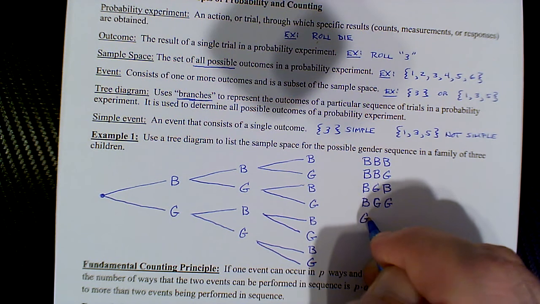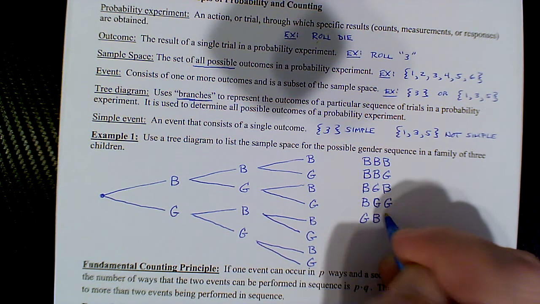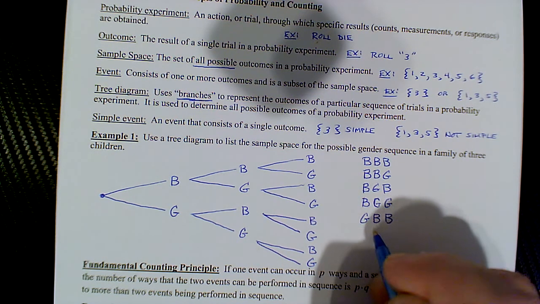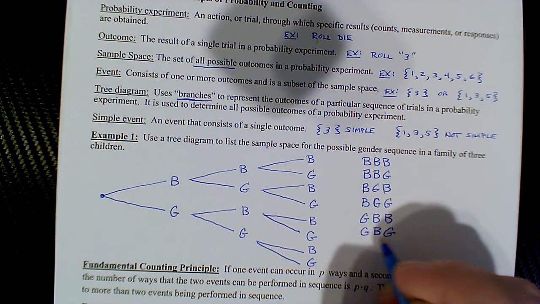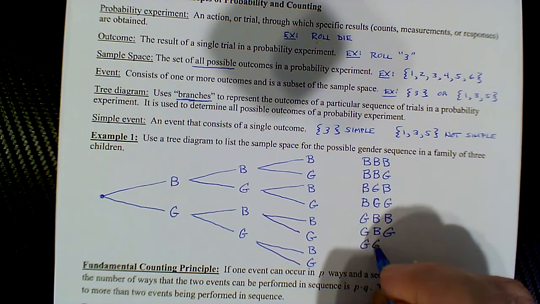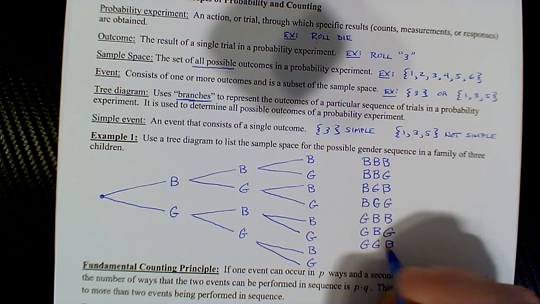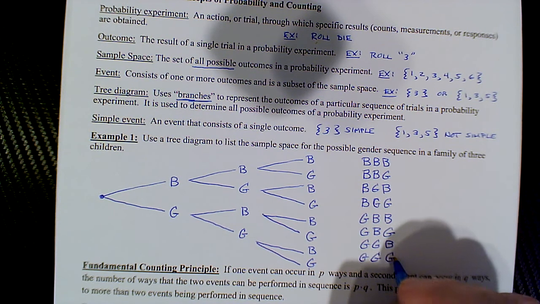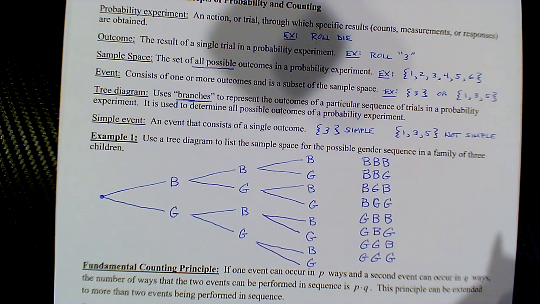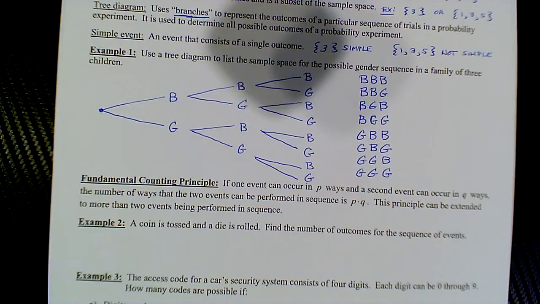And then those starting with the girl, girl, boy, boy. Girl, boy, girl. Girl, girl, and boy. And finally, girl, girl, and girl. So that's how we use a tree diagram.